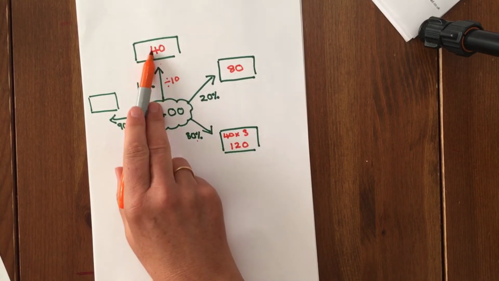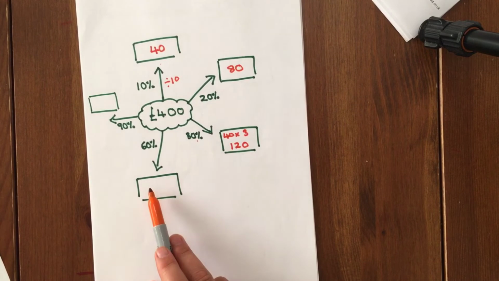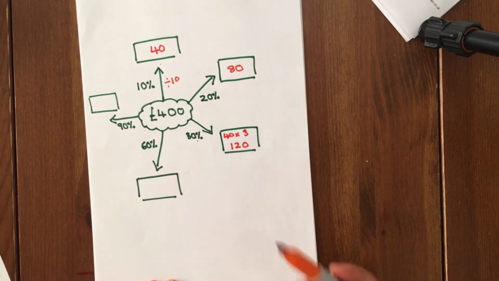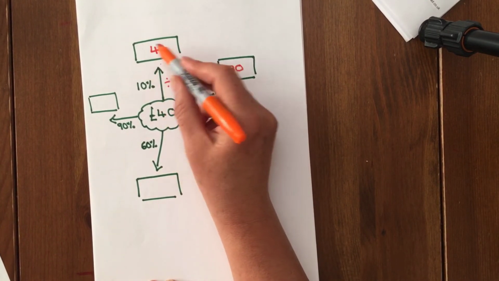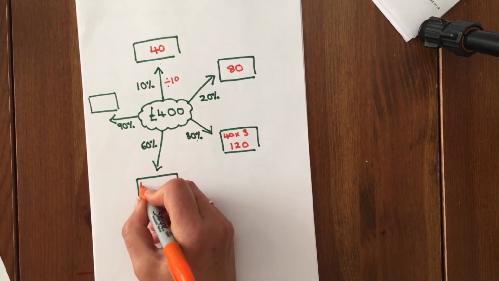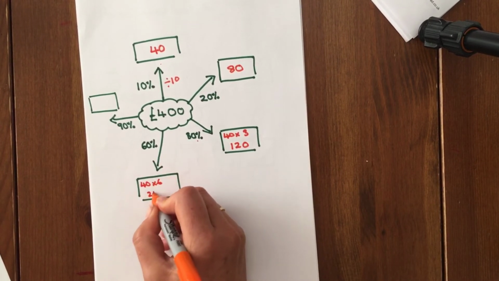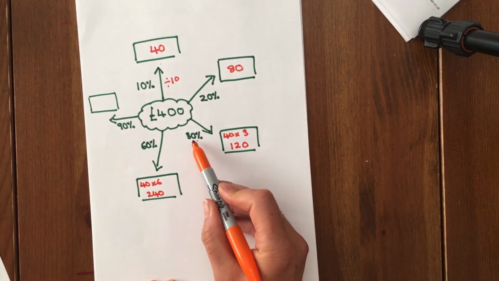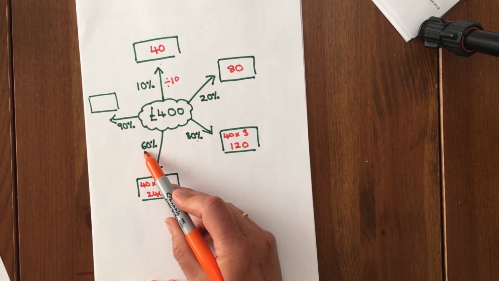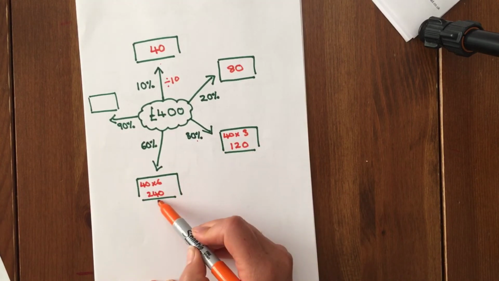So 40 add 80 is 120. So think how you would find 60%. Well, there's loads of ways I could do this. I'm going to show you 2 of the ways. Well, one way is I know 10% is 40 and I want 6 lots of them. So I get 240. Or 30% doubled is 60%. So 120 doubled is 240.